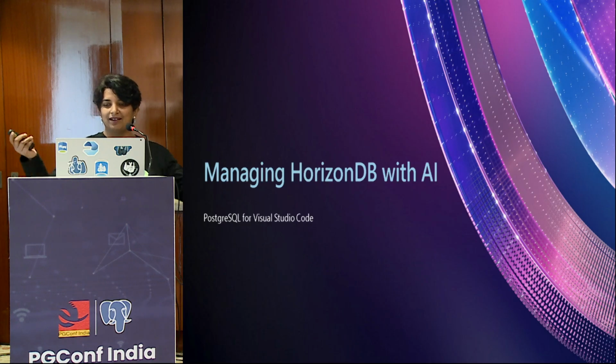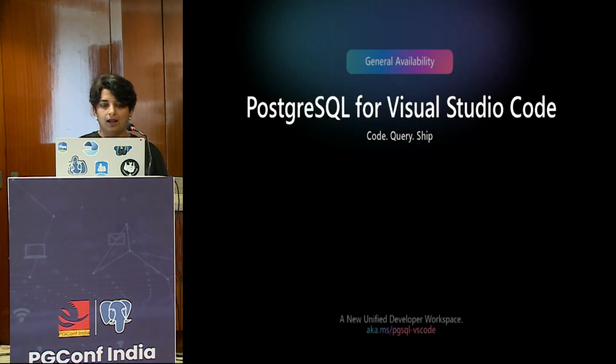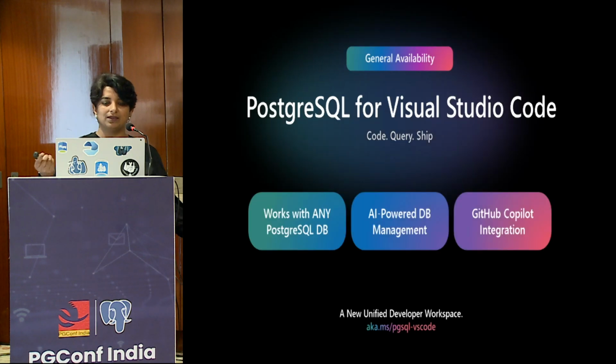It looks like many of you are already using VS Code and might be familiar. But I wanted to mention that we have the Postgres extension in VS Code, which comes with a lot of AI-enabled features. It works with any Postgres database, and there's GitHub Copilot integration.